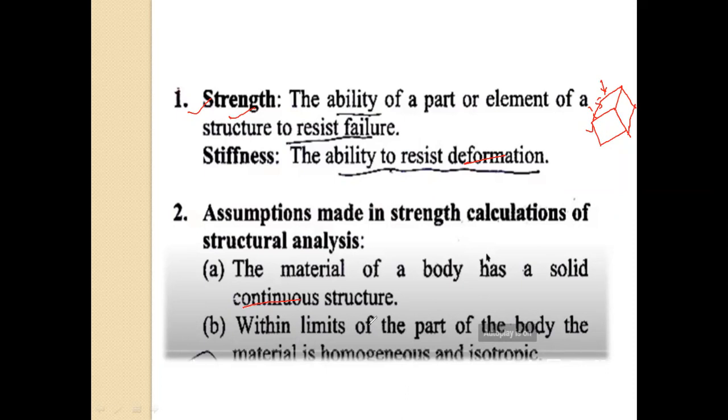Then the second assumption: within the limit of the part of the body, the material is homogeneous and isotropic. Now mark this, homogeneous and isotropic. Already we have studied it. When do we say a material is homogeneous and when do we say a material is isotropic? Does anybody remember?